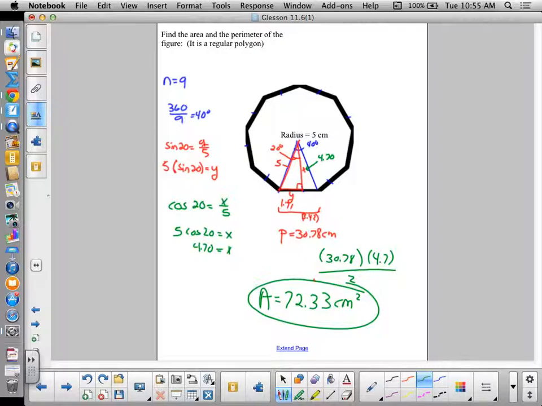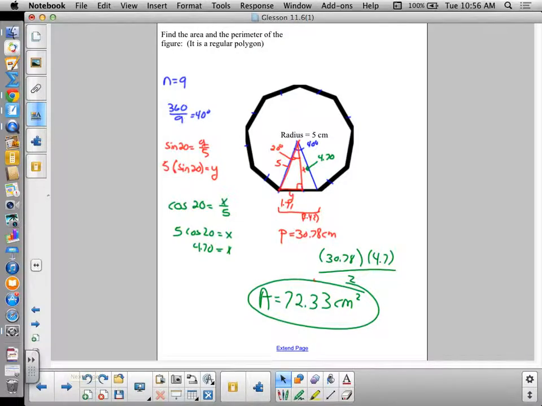This is getting more complicated, isn't it? We have to be able to solve triangles and puzzle stuff out. This is not your one-step solution, not even close. This isn't just know a formula, plug the numbers in, and you've got your answer. This is figure this out, figure that out, find this measurement. Now you can plug things into the formula.